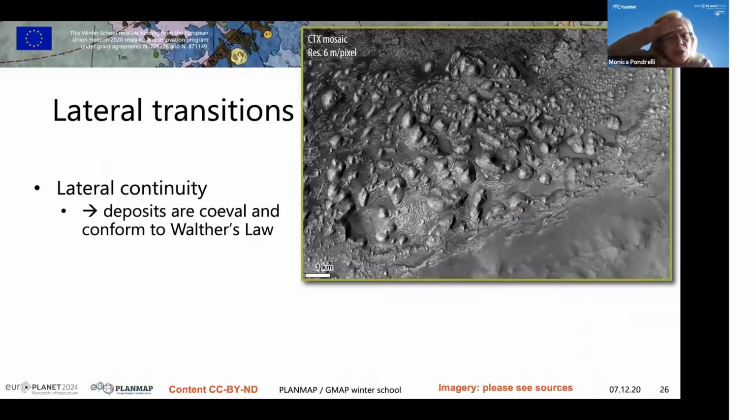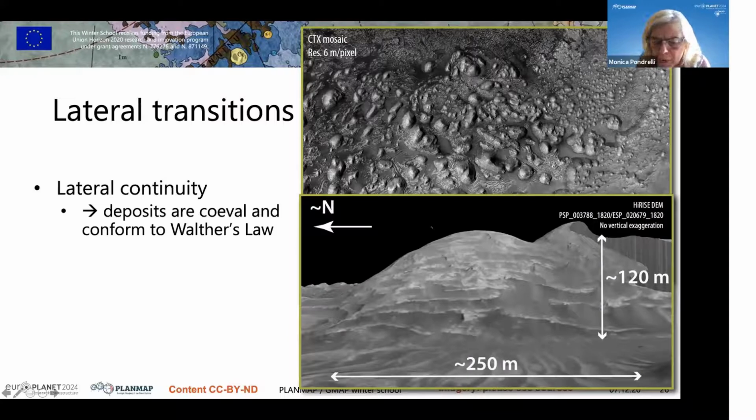Another concept, which is not always easy to define on Mars, is lateral transition. We have some mounds and some layers, some beds. If we go into more detail, we observe that the layers continue from here, also inside of the mounds.